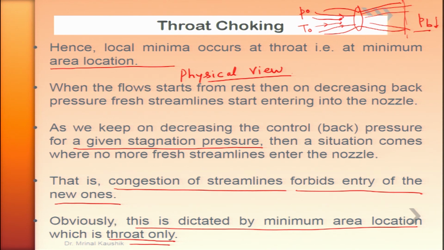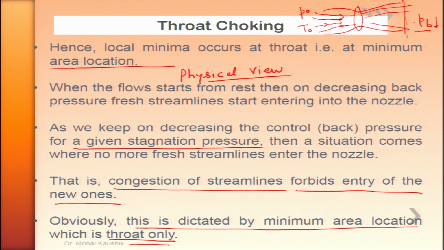Clearly, since the minimum area location is forbidding any fresh streamlines from entering, even though there would be some space in the convergent as well as the divergent portion for the streamlines to accommodate, the throat does not allow it. We find that the mass flow rate obtained under this condition becomes maximum.